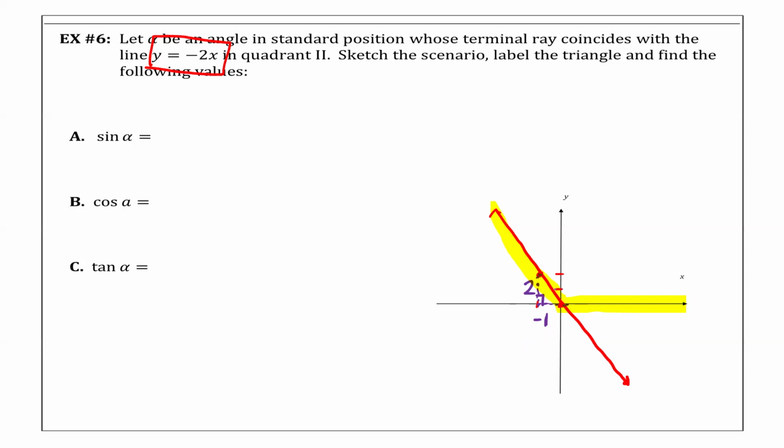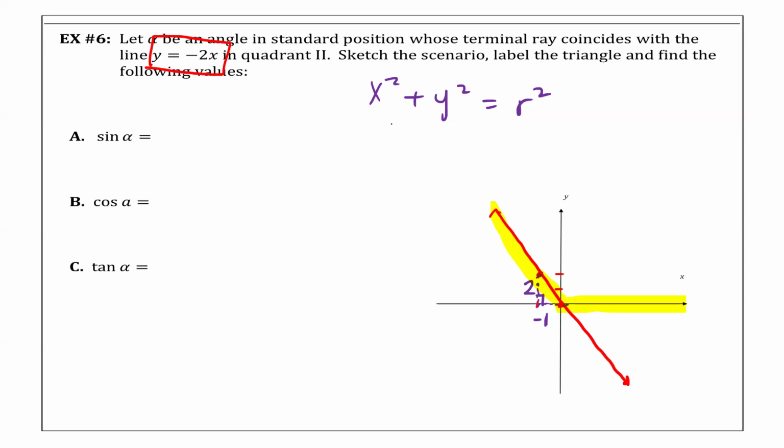Oh no, I don't know my hypotenuse. How do you find the hypotenuse of a right triangle? But instead of a squared, we're using x squared plus y squared equals r squared.